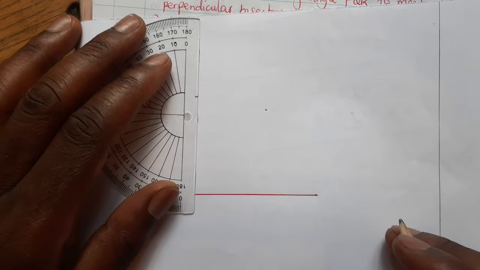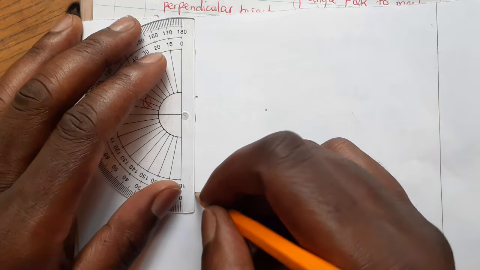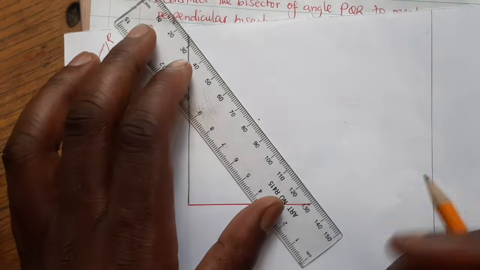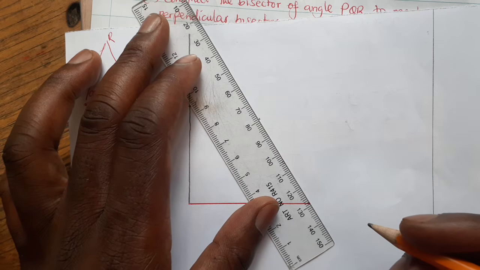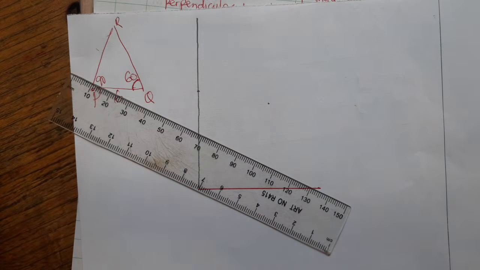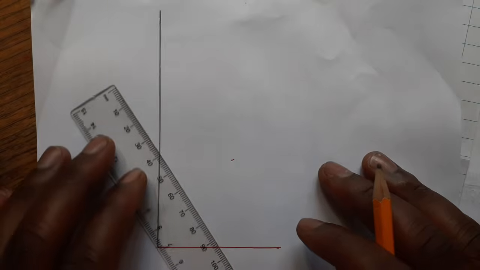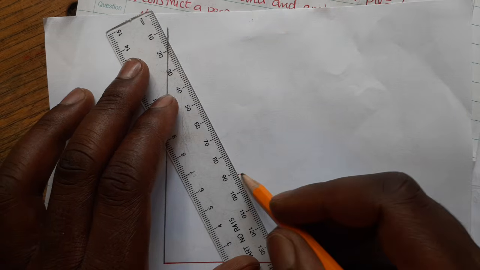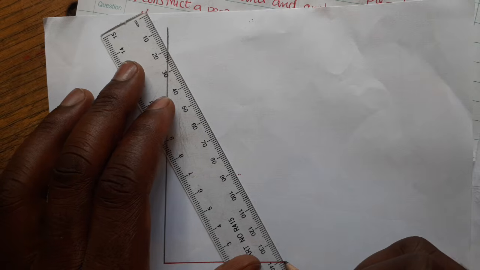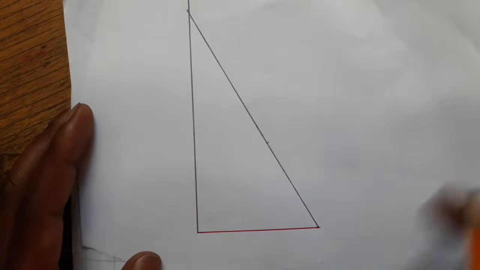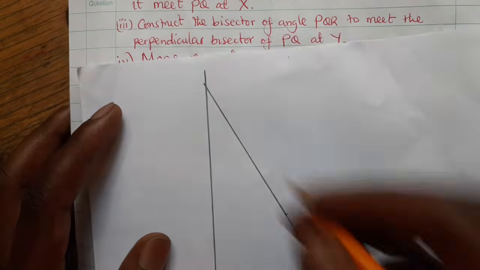So that is very simple. Okay, so now we are measuring this one from here, it's passing through where 60 is here. Make sure. Okay, so now we have P, Q, and this is where we have our R. That's how it's going to be.